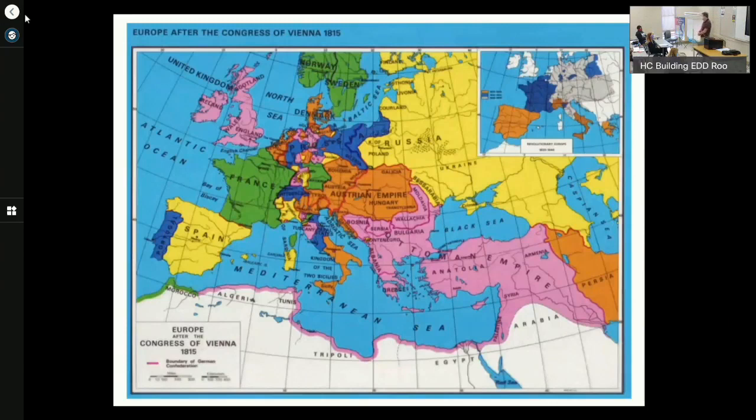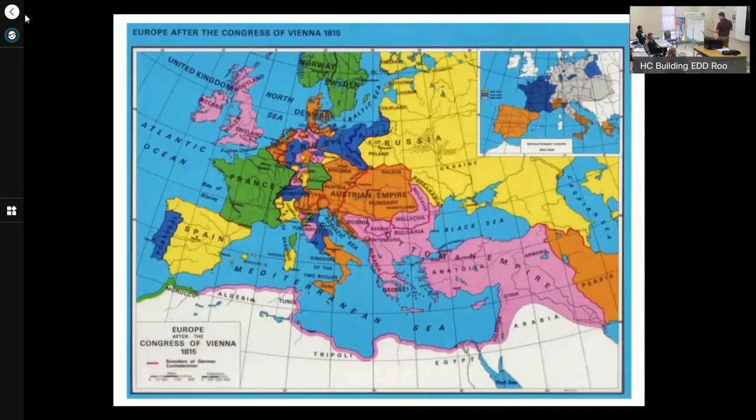And no, you don't get to persecute ethnic minorities if they happen to live in a country that you happen to think is yours. Does that sound nice? If you believe that, then you do not believe in nationalism. You do not believe that every ethnic group gets its own country. You believe people should learn to live together and accept the borders of the country they live in. You see where I'm coming from? And that's what the Congress of Vienna pushed.